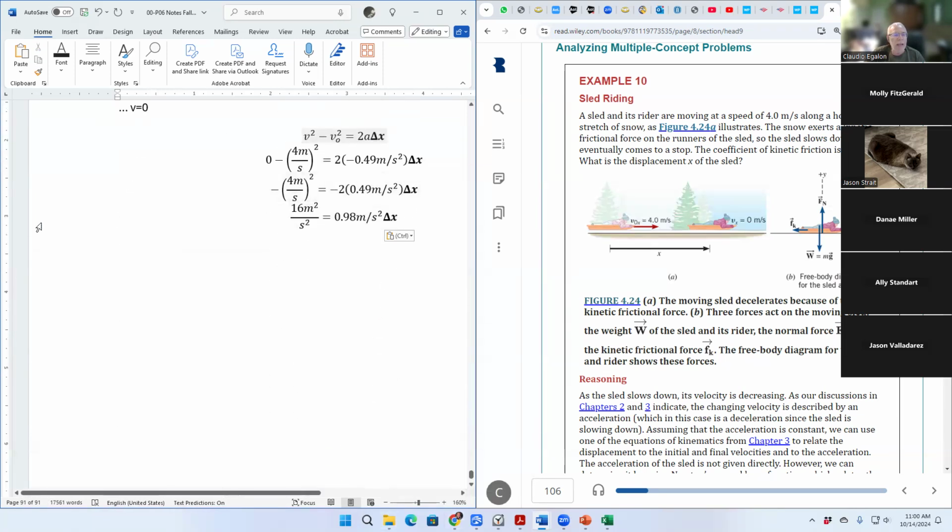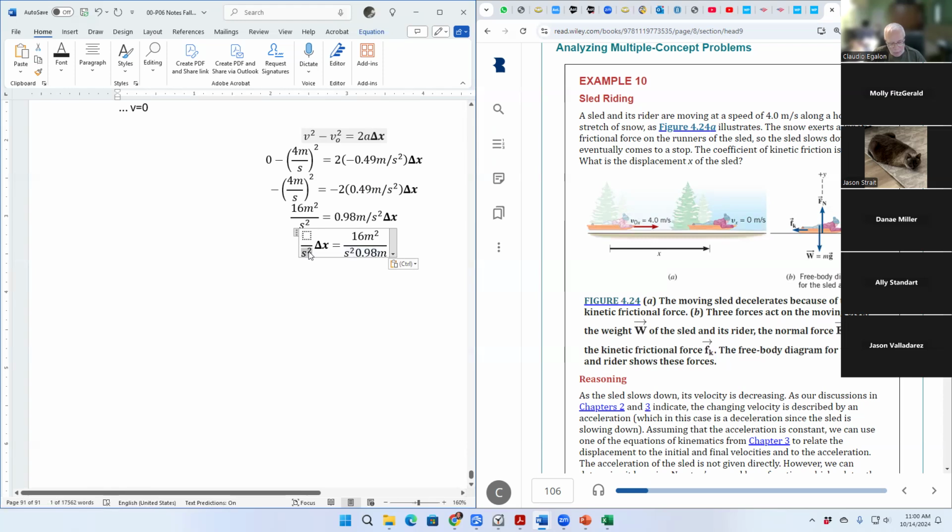We solve for delta x. Delta x is going to be equal to, okay, like that. This value here, 0.98 meters per second squared, goes downstairs.